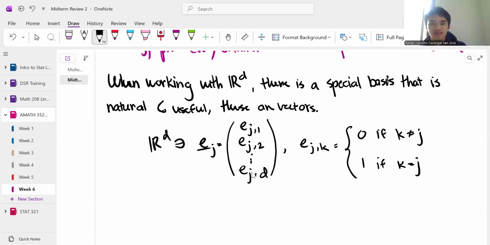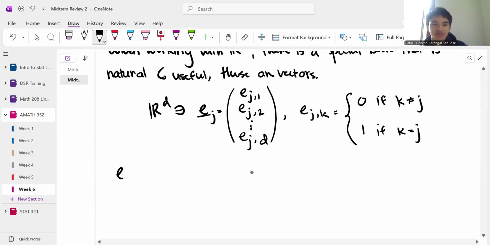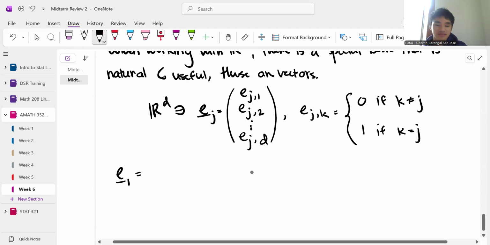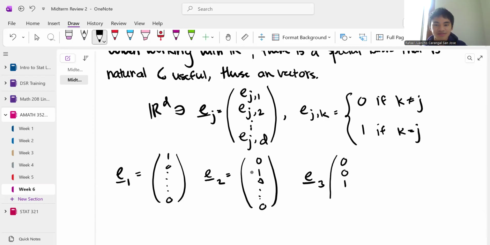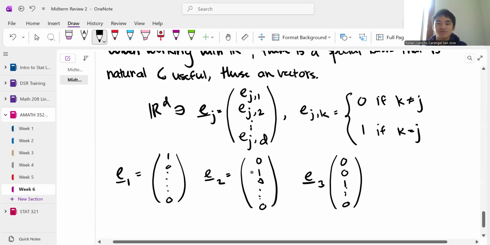Right, let's see. So maybe an example would be easier. When we do e sub 1, this is 1, 0, all the way to 0. E sub 2 is 0, 1, 0, and all the way to 0. See the pattern? E sub 3 is 0, 0, 1, 0.